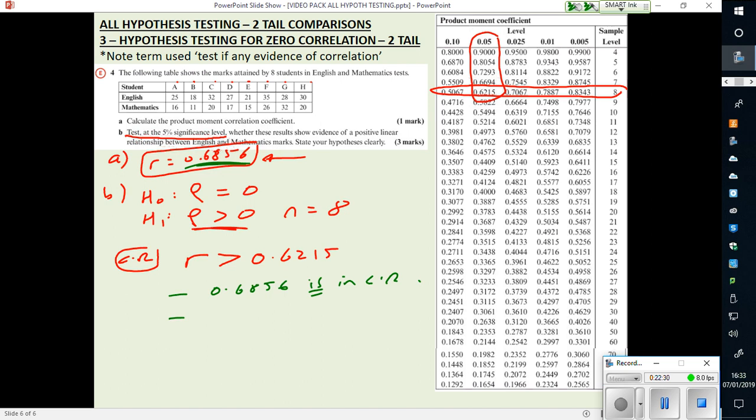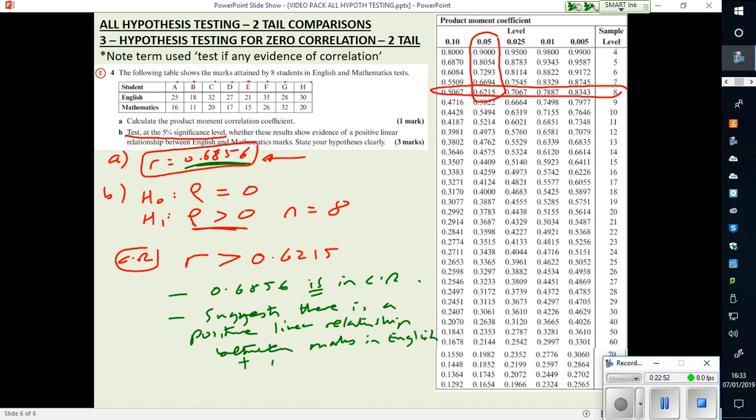Therefore, back into context, this suggests there is a positive linear relationship between marks in English and in maths.